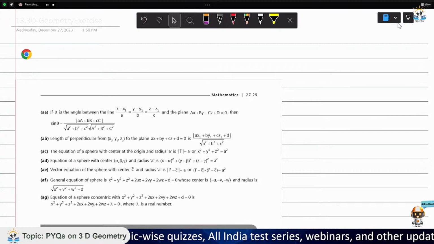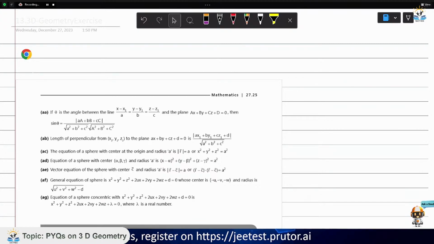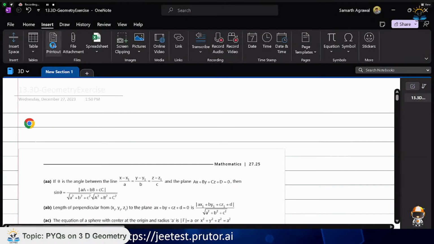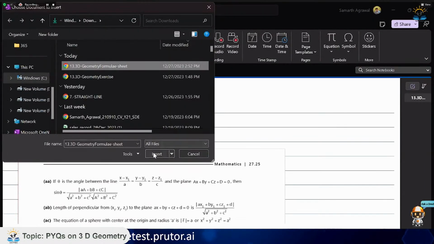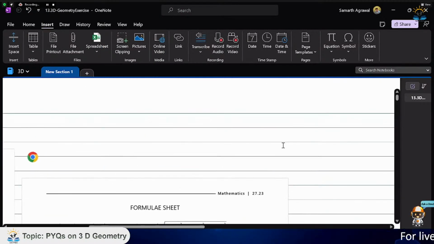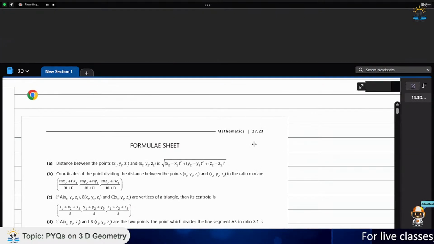So I'll give you the formulas. Okay, so let me input them here. So yes, these are some important formulas that you can study and remember.